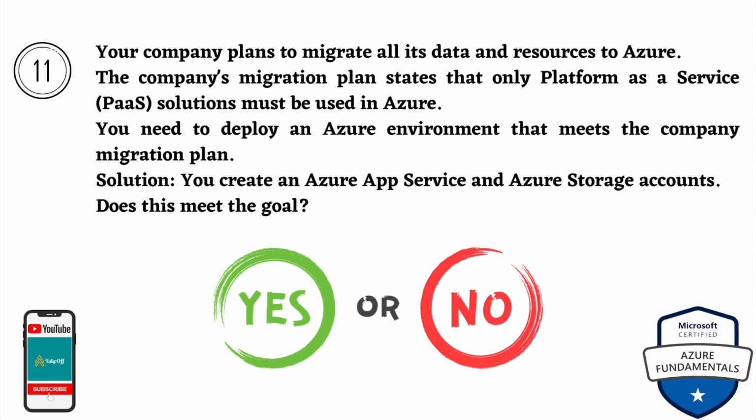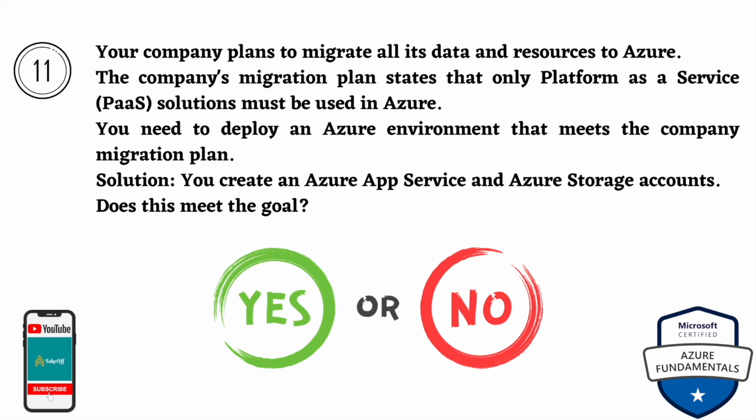Moving on to the next one. Your company plans to migrate all its data and resources to Azure. The company's migration plan states that only platform as a service solutions must be used in Azure. You need to deploy an Azure environment that meets the company migration plan. The proposed solution is you create an Azure App Service and Azure storage accounts.